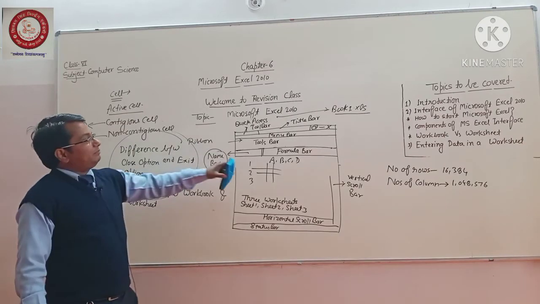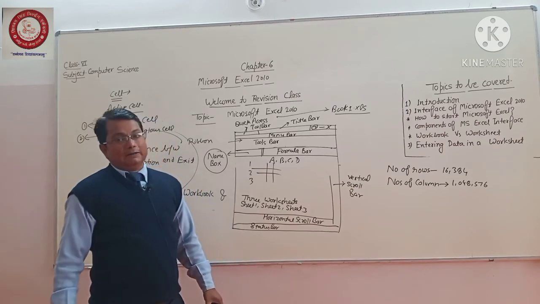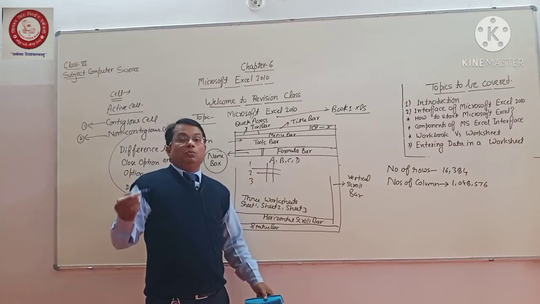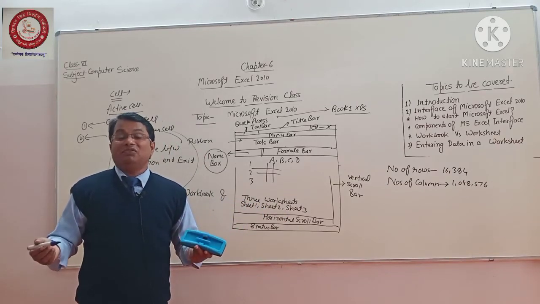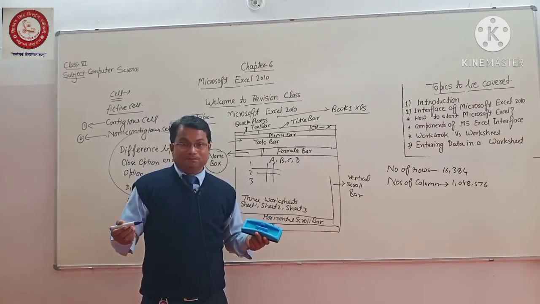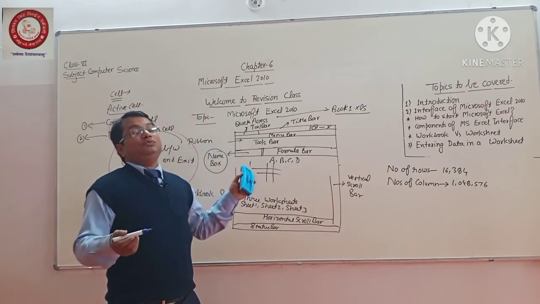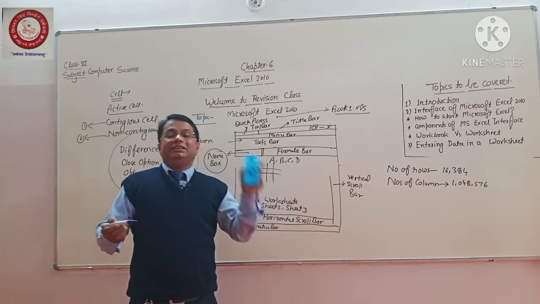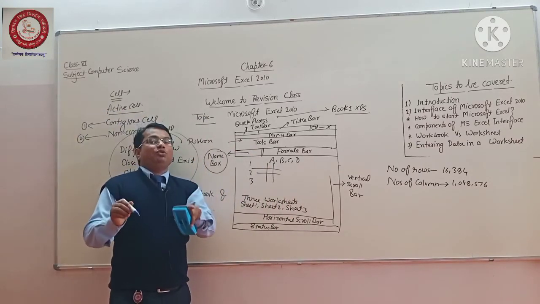Now let's come to the formula bar. When you are typing any formula for your calculation purpose, it will be written in the formula bar, and that will be directly replicated into the active cell also. Let me repeat one more time.